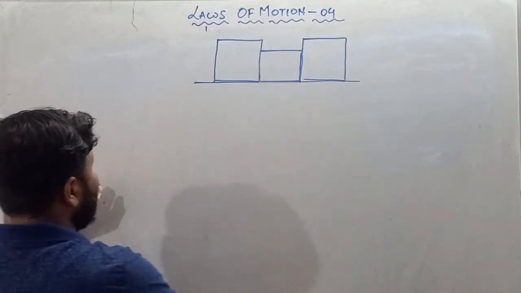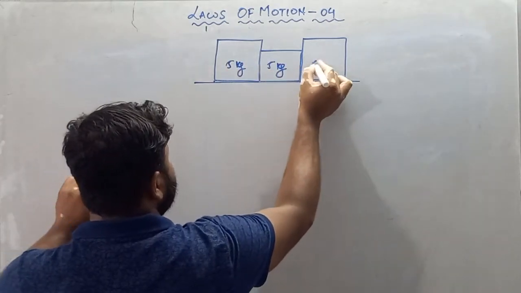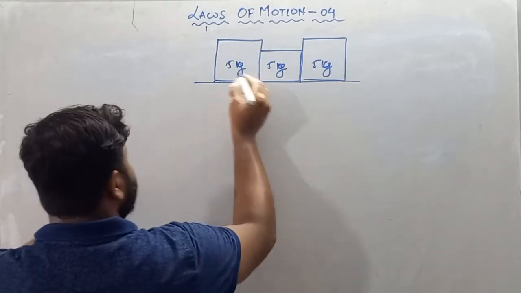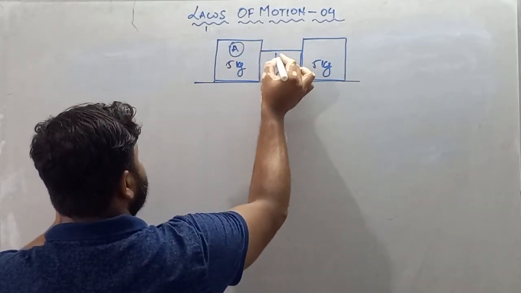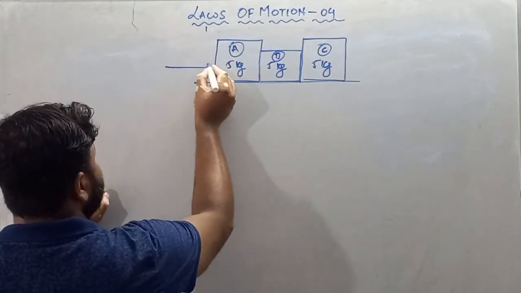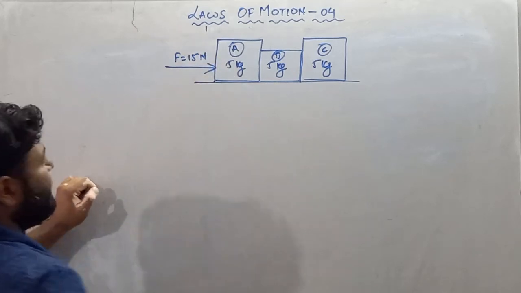Let's suppose the masses are 5 kg, 5 kg and 5 kg. So 15 kg mass is there. Let's suppose this is A, this is B and this body is C. Let's suppose 15 Newton force is acting on this body.